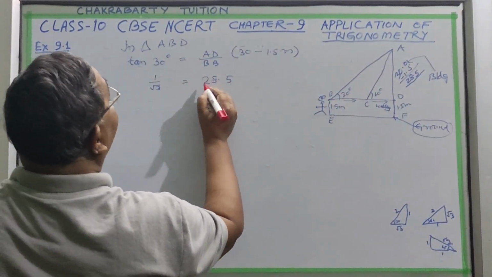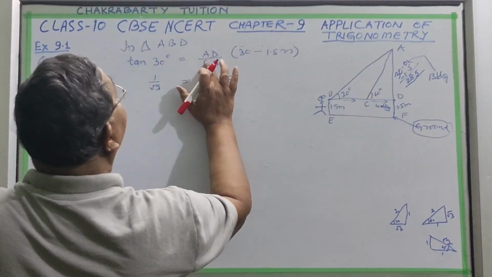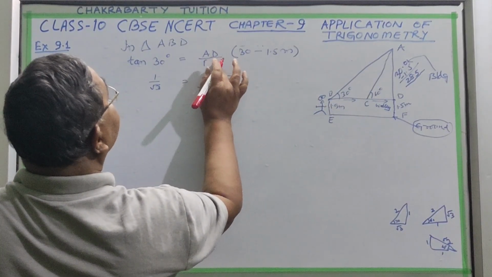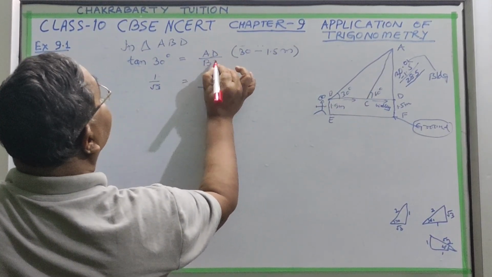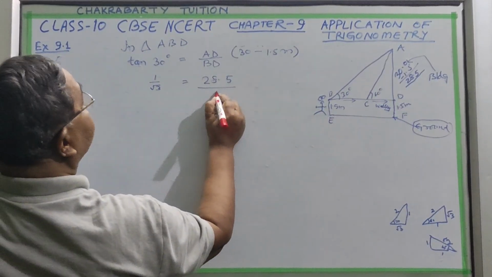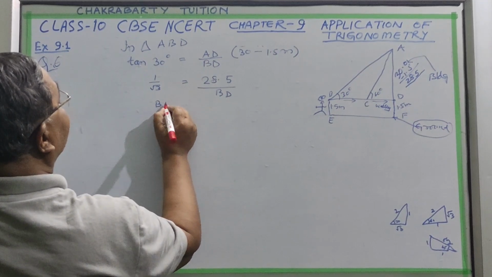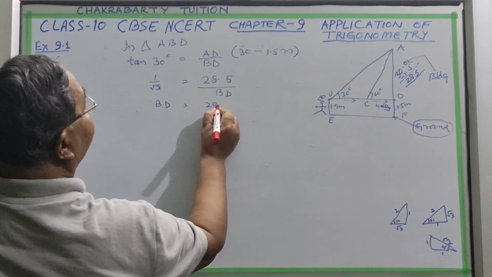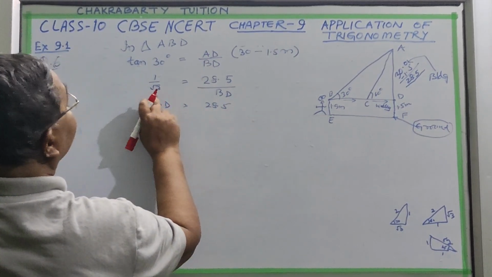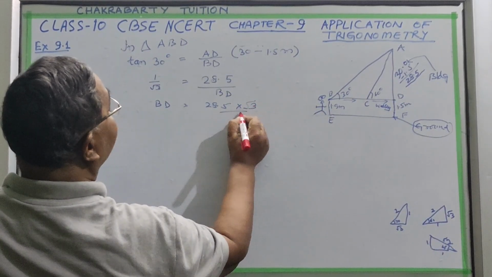So 1 by √3 equals AD upon BD. BD we have to find out. So BD will come to this side, 28.5, and this will go to this side and it will become √3 upon 1.